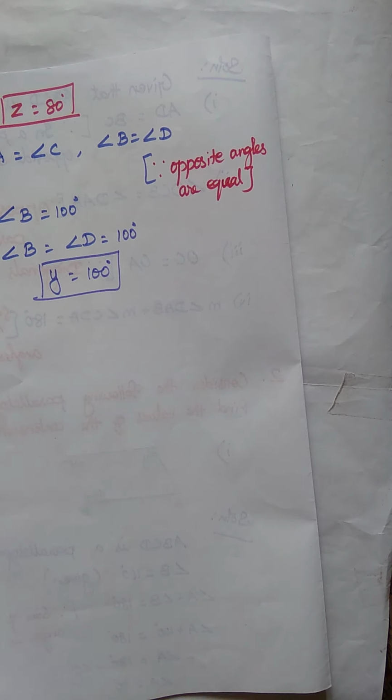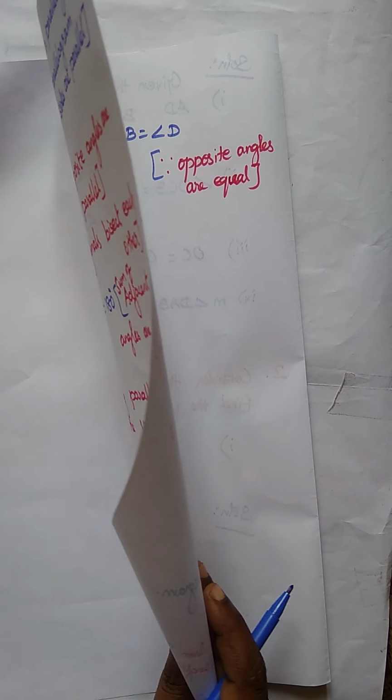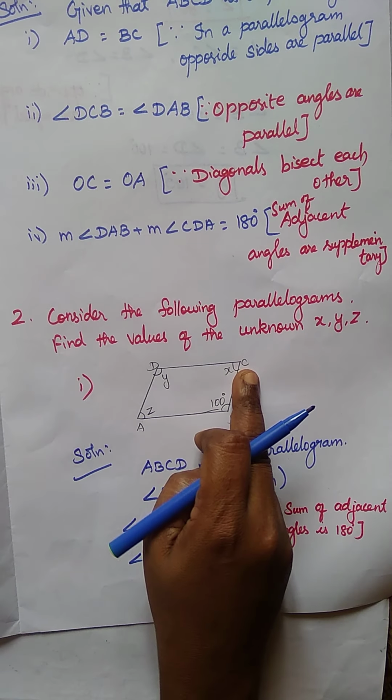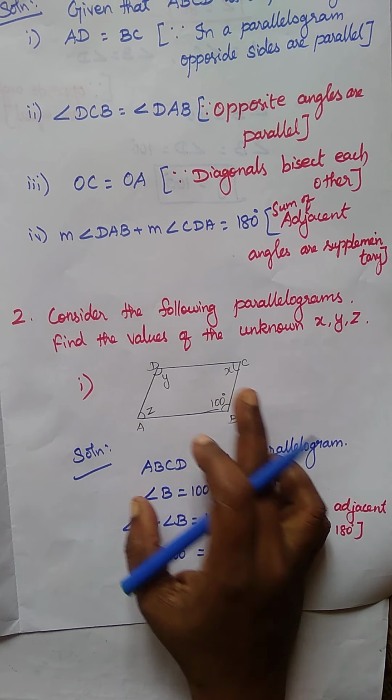Next we will find X. Using angle A is equal to angle C, see here, angle A is equal to angle C. Angle A is Z, and Z is equal to X. X is 80 degrees.